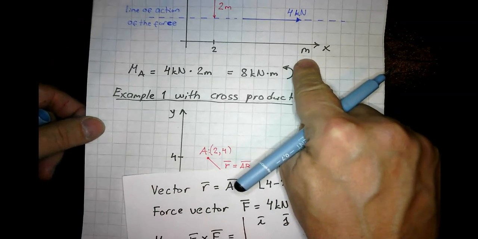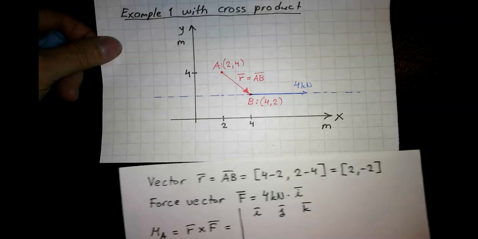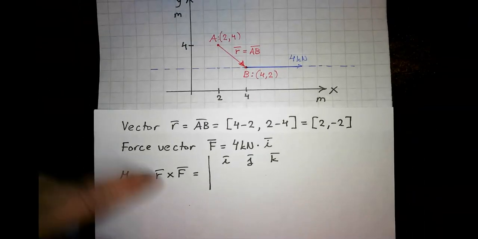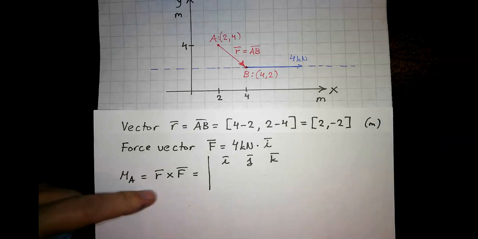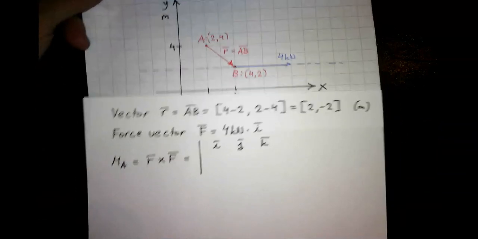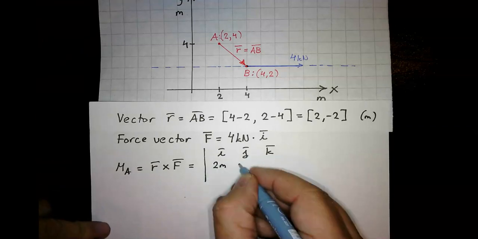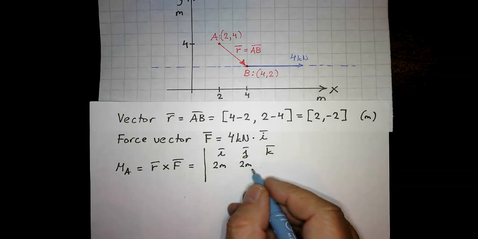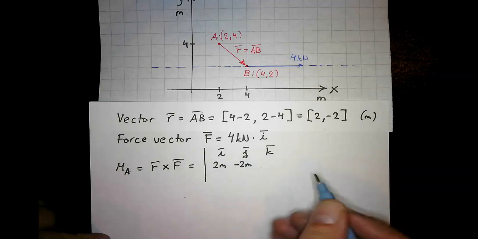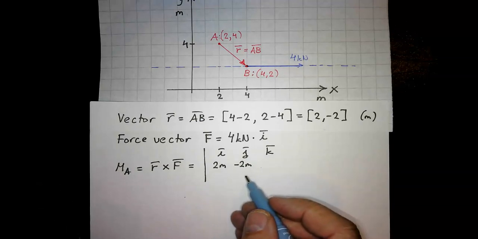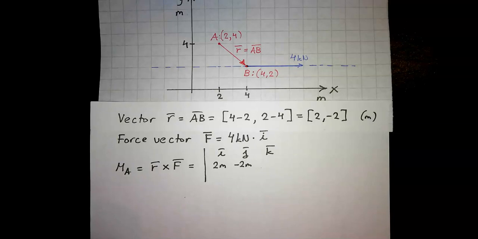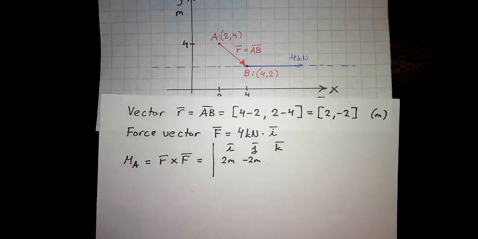Here I have the unit of those coordinates. Those are meters. So in this case, the R vector is 2 meters, minus 2 meters. I will use those units here because I want to get the actual unit of moment, which is kilonewton meters, or unit of force times unit of length.